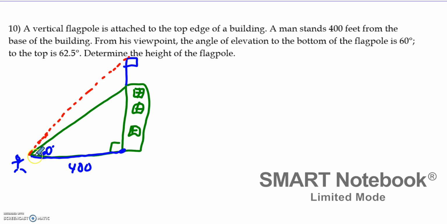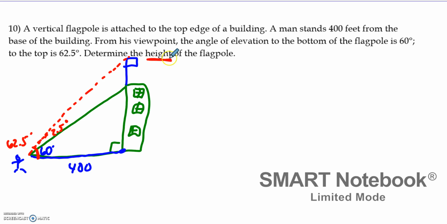And this angle of elevation, so from the ground up, which is this entire angle, is 62.5 degrees. Which means if this whole thing is 62.5 and this is 60, this little angle here would just be a very little 2.5 degrees.